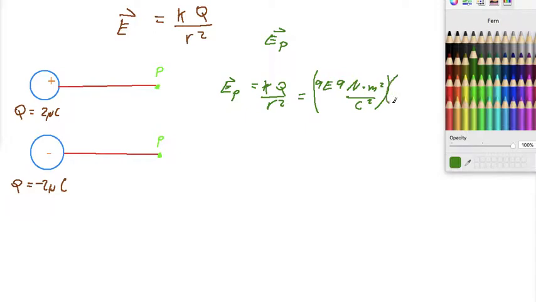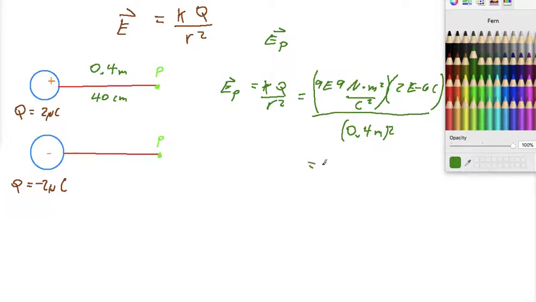Well, it happens to be 2 e to the negative 6 coulombs. Remember, I'm leaving the negative outside. If you don't remember why, please go back and check our videos. Now divided by r squared, what's the distance? I forgot to give it to you. It's going to be 0.4 meters or 40 centimeters, right? So we go here, 0.4 meters squared.